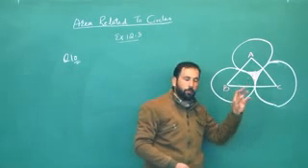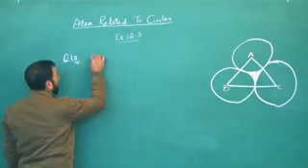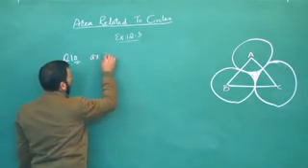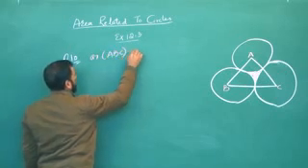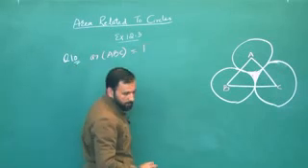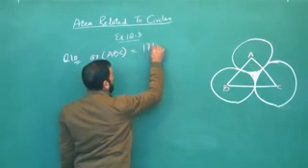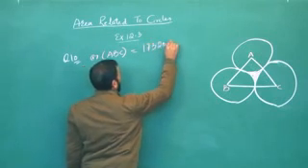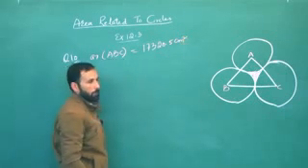But here the area of the equilateral triangle is given. So the area of triangle ABC is given, 17320.5 centimeter square is the area of the equilateral triangle.